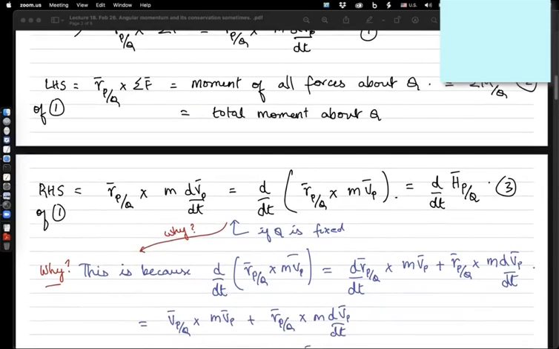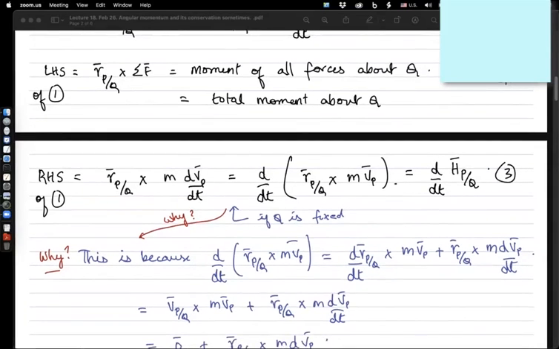If you start out from d/dt of R_P/Q cross m V_P, and apply the product rule, you bring the d/dt in: dR_P/Q over dt cross m V_P, and then R_P/Q cross m dV_P/dt. m itself is a constant, so m just goes along for the ride. But you get two terms here instead of just this one term.